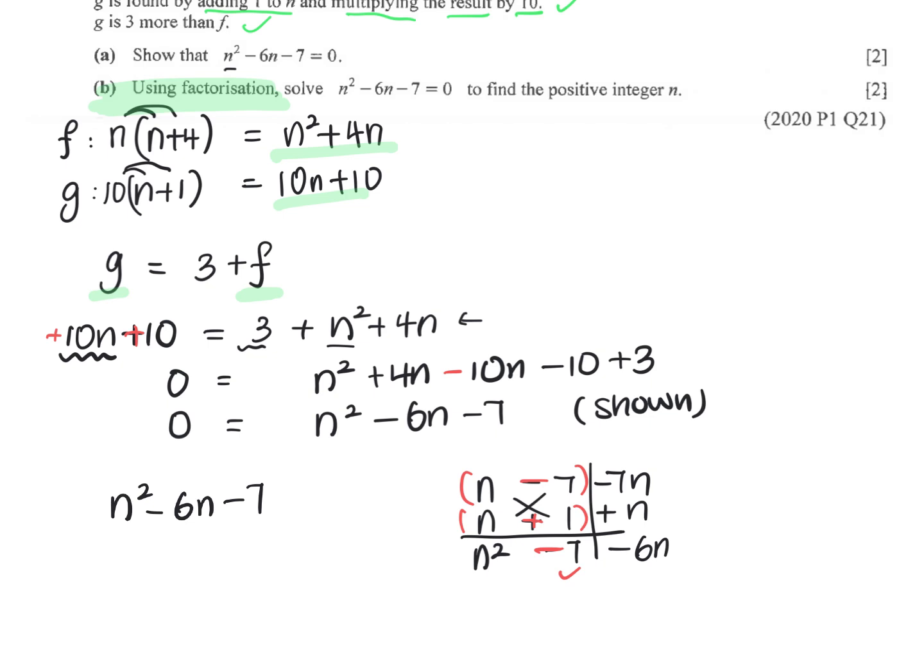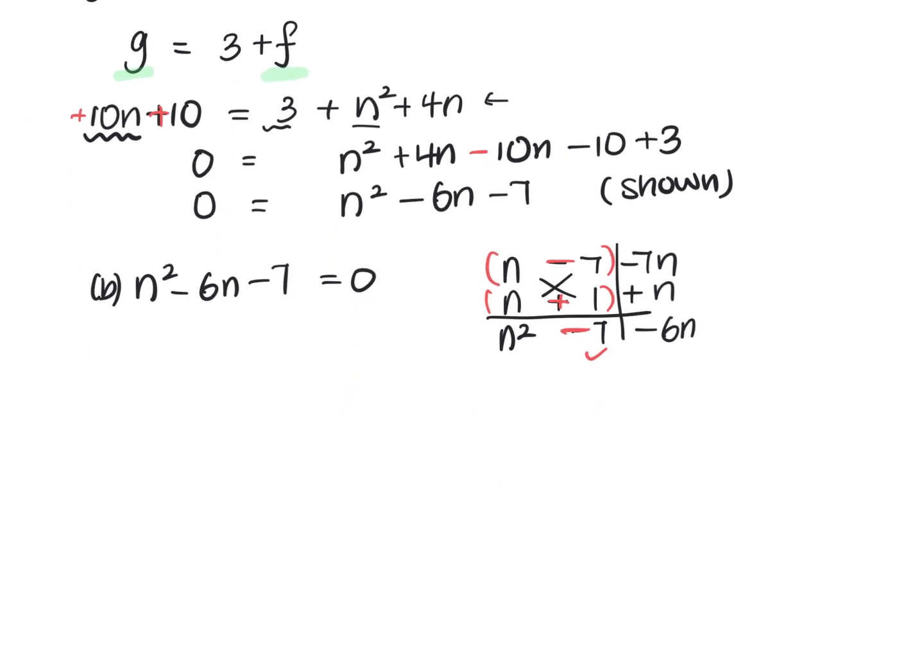Okay, so in this case, part B says n squared minus 6n minus 7 equals 0. So I'm going to solve by factorization. Let me shift this whole thing up. I have already factorized this into two brackets. So we need n minus 7 and n plus 1 to be equal to 0.